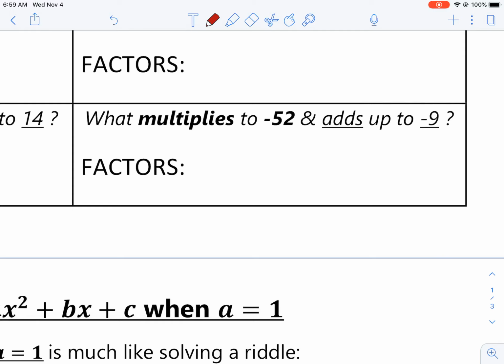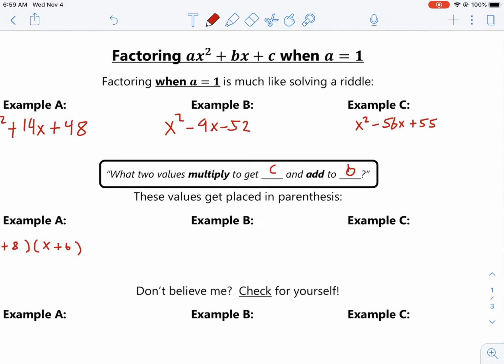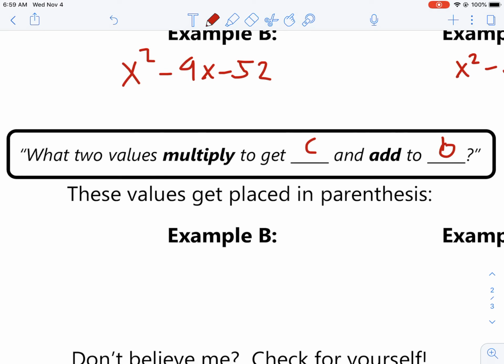Ooh, it is 13 times 4. So that has to be -13 times 4. Yeah. So this one would be, put it in the parentheses, x minus 13 and x plus 4.